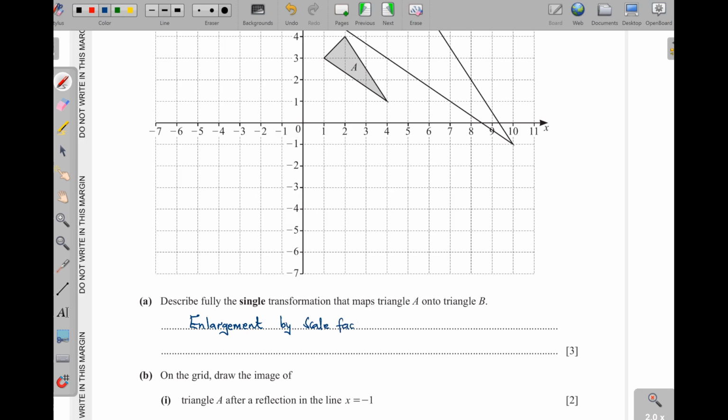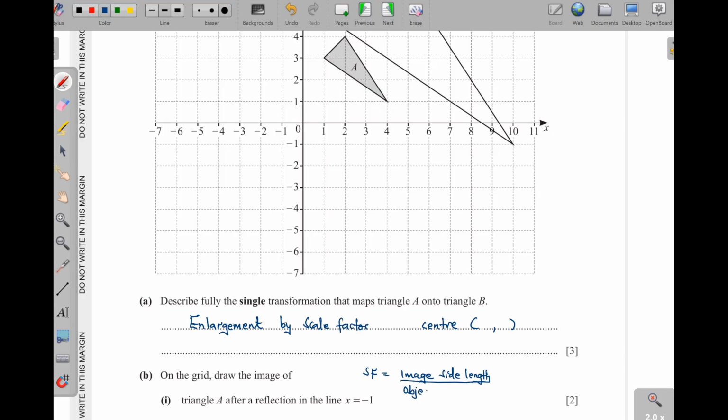Enlargement by scale factor, and we also need the center. To get the scale factor of enlargement, the scale factor is equal to the image side length divided by the corresponding object side length, okay?